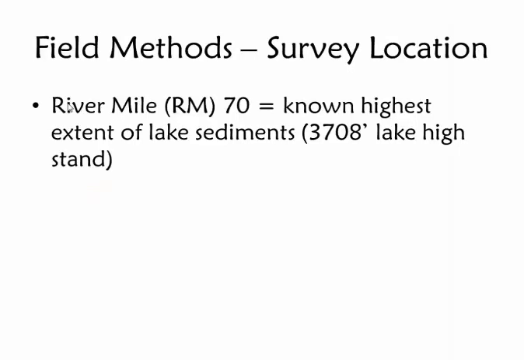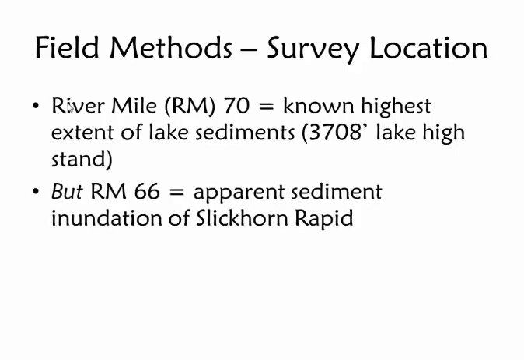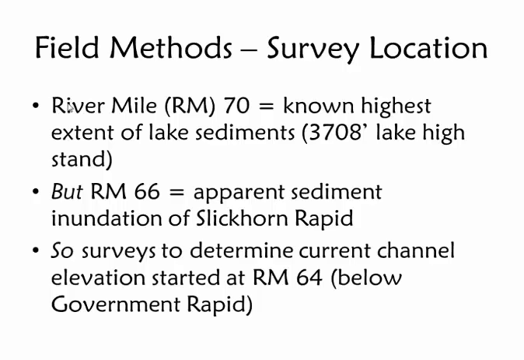And so that lets us define where we should do this study. We want to include river mile 70. We want to include river mile 66, the mouth of Grand Gulch, where we know something funny is going on with sediment. And so what we did is we started the survey at river mile 64, below the big rapid on the San Juan River, Government Rapid.